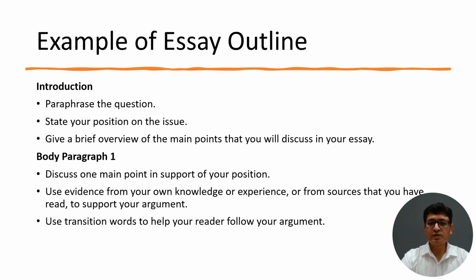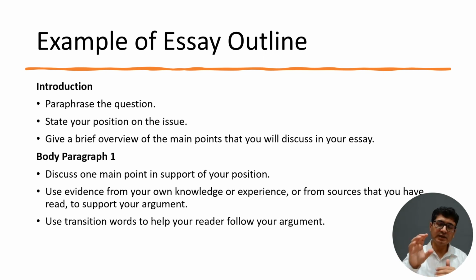And then state your position on the issue. Whatever the question is, in the end you should give your opinion on that. Like if it's asking how far do you agree or disagree, tell how far you agree or disagree. Are there advantages or disadvantages? Say in the first paragraph that there are more advantages or more disadvantages.